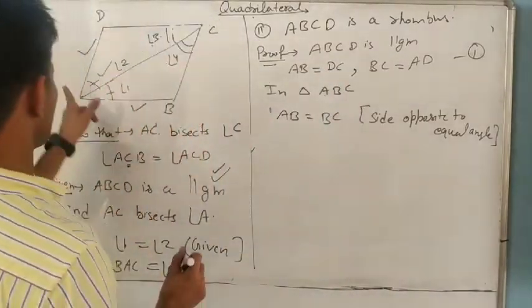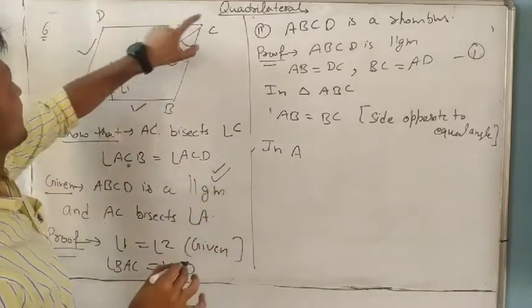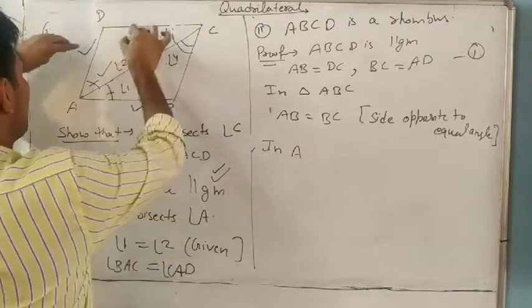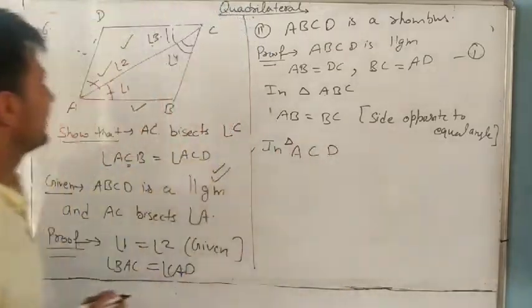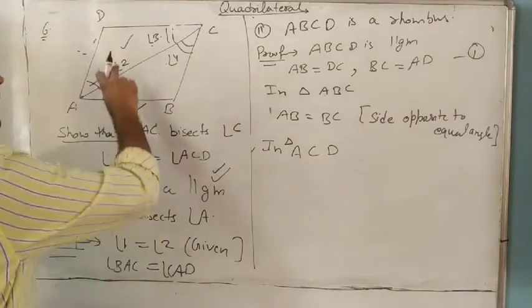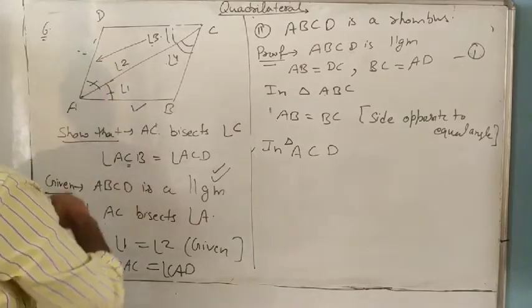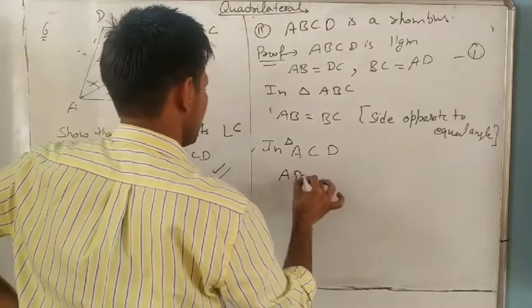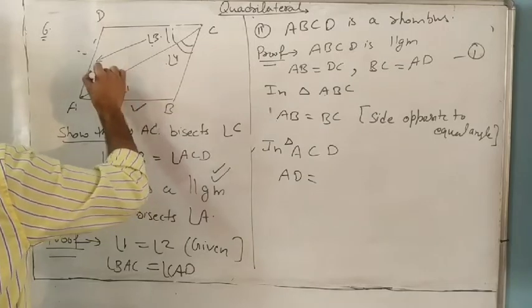Same as in triangle ACD, we know angles 1, 2, 3, 4 all are equal. So angle 2 equals 3 also. It means opposite of 3, AD equals, and opposite of angle 2, what is given?